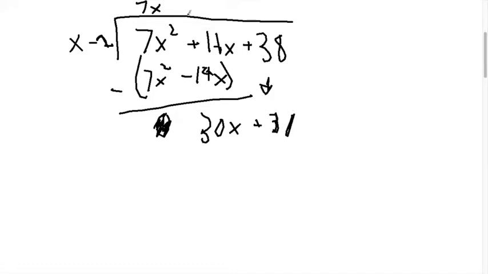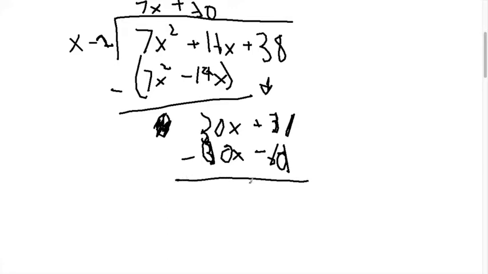Then we know x goes into 30x 30 times, so plus 30, which gives you minus 30x minus 60, which once you subtract, this gives you 0, so ignore, and this gives you 98.